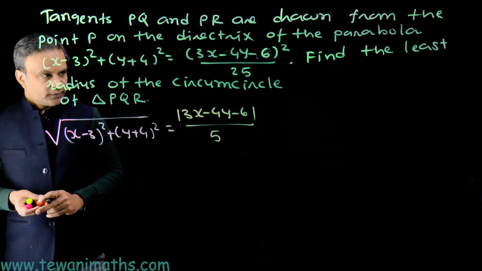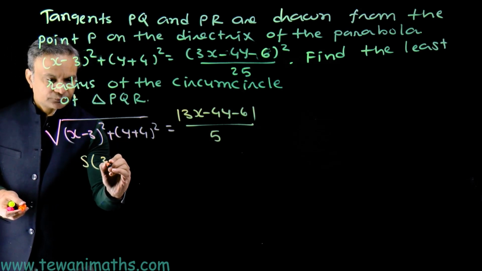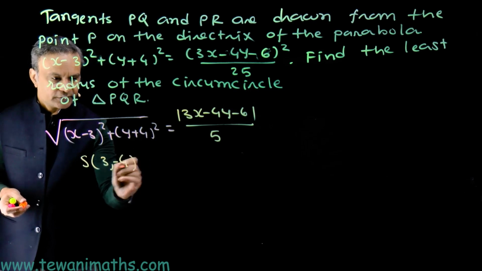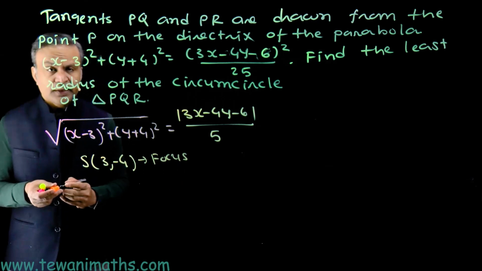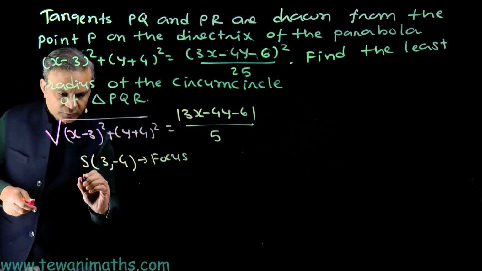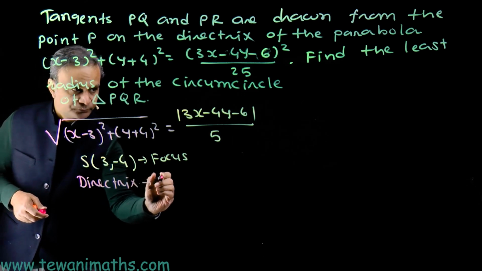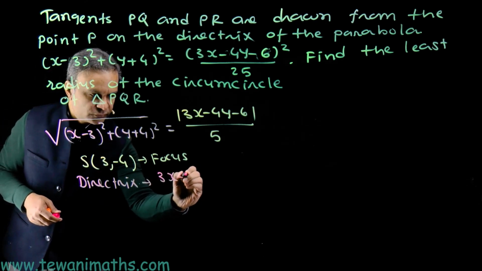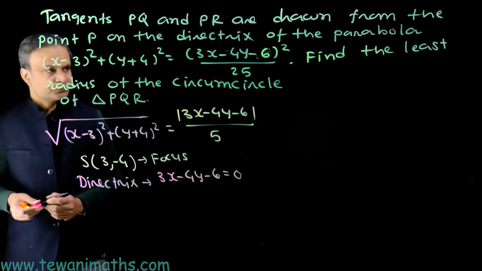Now focus of this parabola is 3 comma minus 4. This is focus. And equation of directrix of this parabola is 3x minus 4y minus 6 is equal to 0.